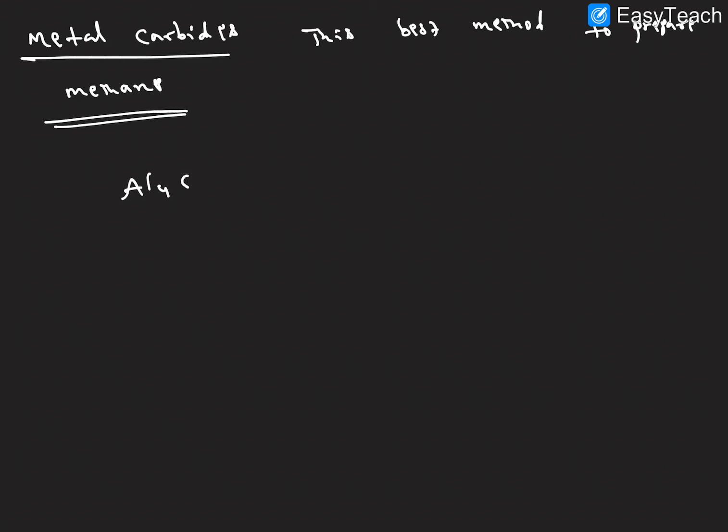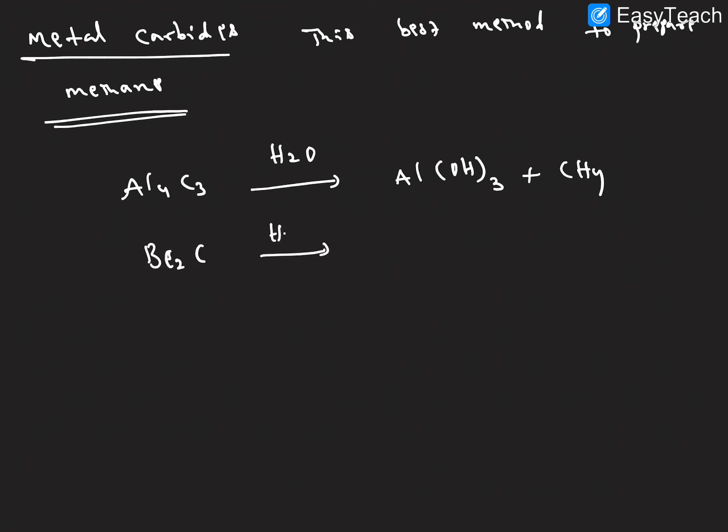Let us see here, aluminum carbide, Al4C3, in the presence of water we will get aluminum hydroxide plus CH4 gas. The same in the case of beryllium carbide, in the presence of water to form beryllium hydroxide, and CH4 is formed. This is the best method for the preparation of methane.